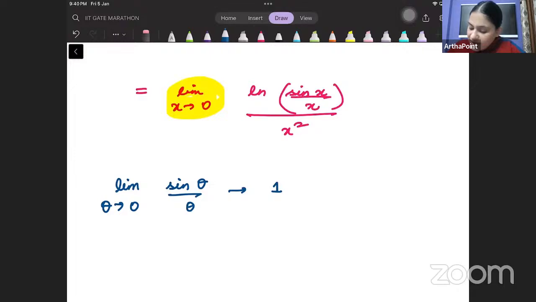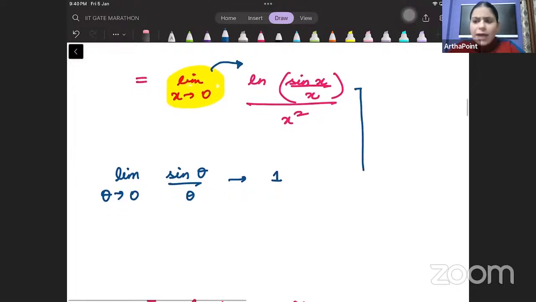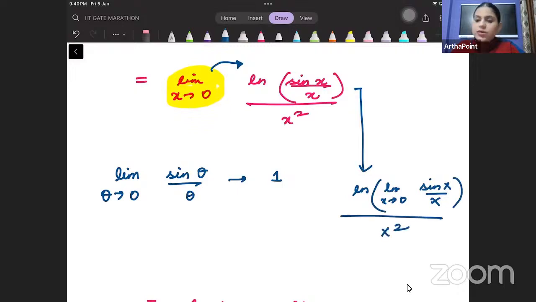So beta, if I am supposed to bring the limit here, what will happen in this case? I can clearly see that I will get ln of this part; here I have applied the limit. Limit x tends to 0, sin x by x, and then here I have x square.